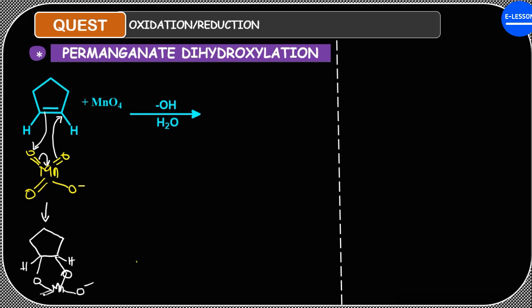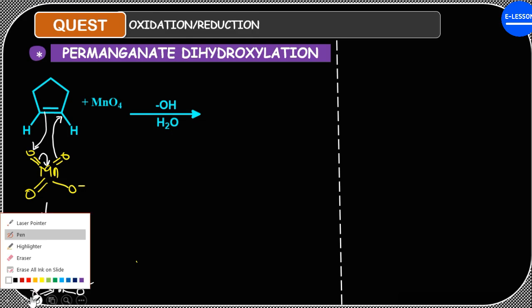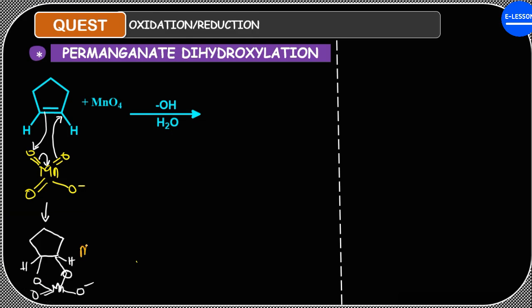Then you have this oxygen here, right? So this is the manganate ester that will be formed. So in place of osmium tetraoxide, you form osmic ester; here, you form manganate ester.